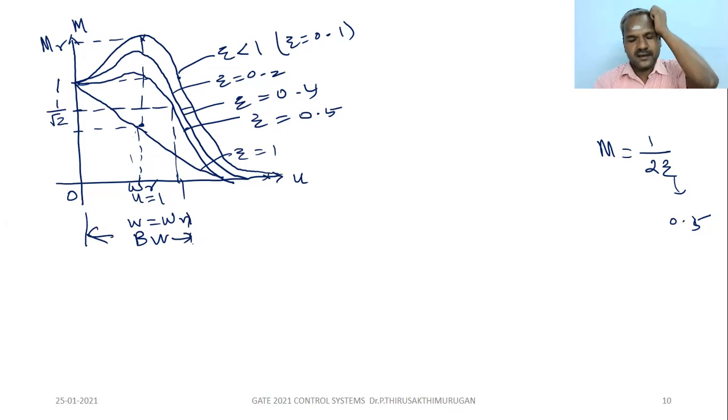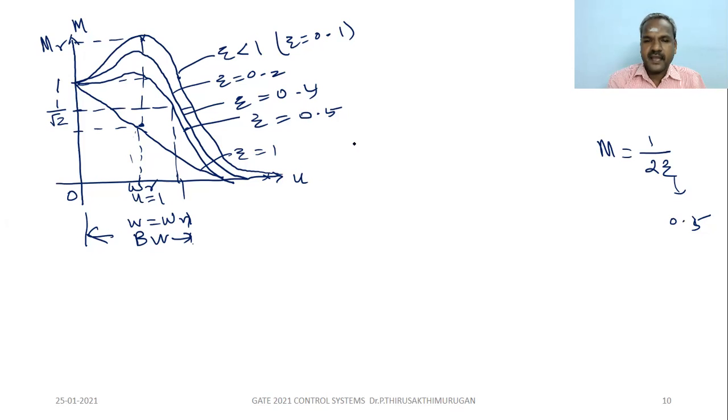We can also find out the bandwidth formula, the resonant peak and the resonant frequency from the transfer function itself. As usual, we found the standard transfer function.